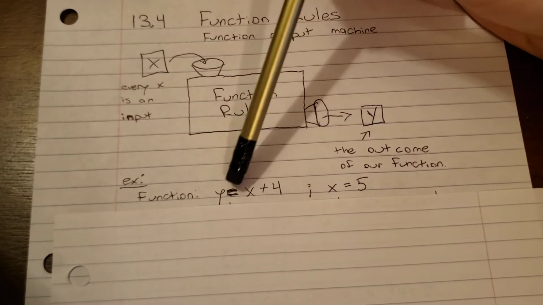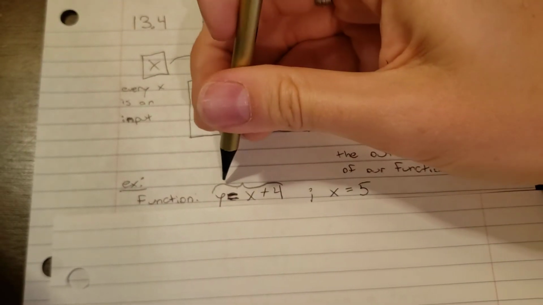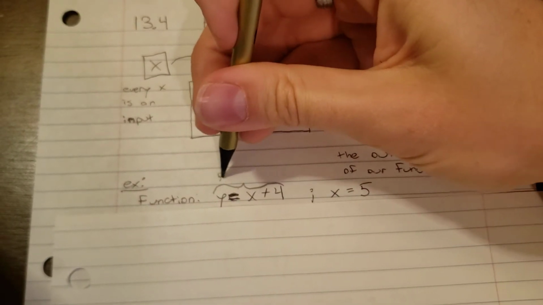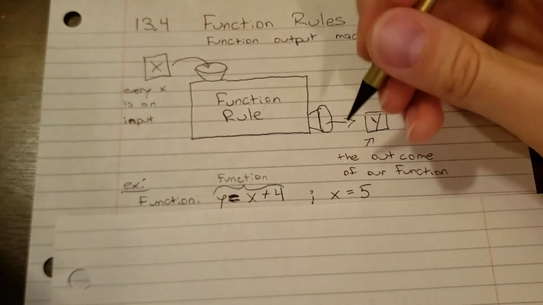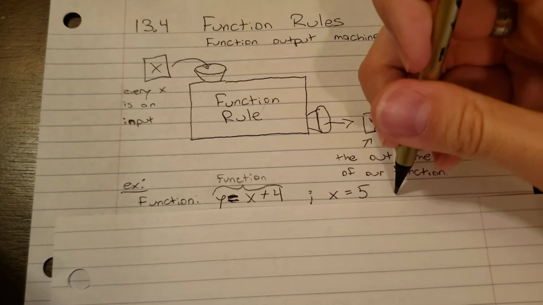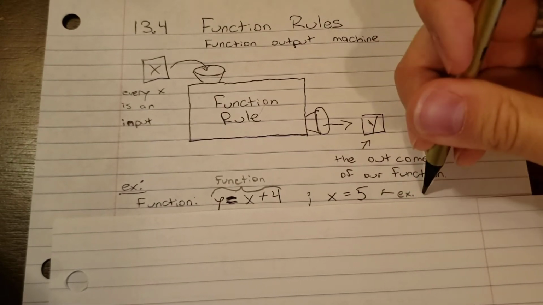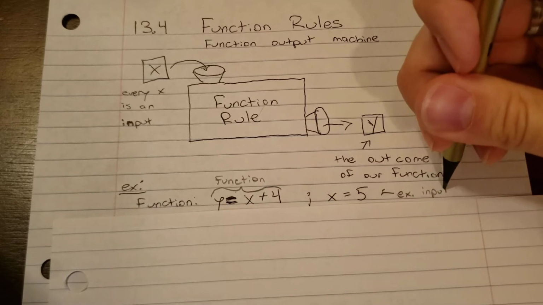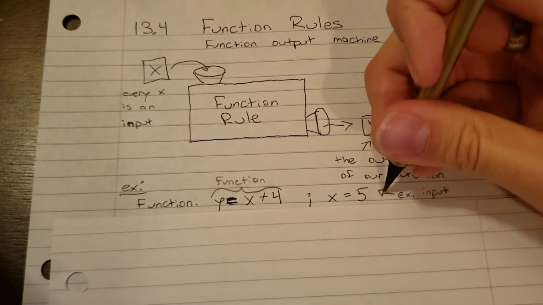This is the function rule. The function. And this is the input, or let's call it the example input. Let's see, that should be an arrow.